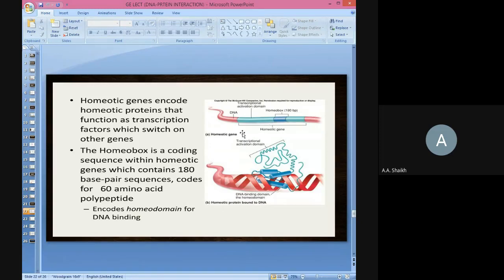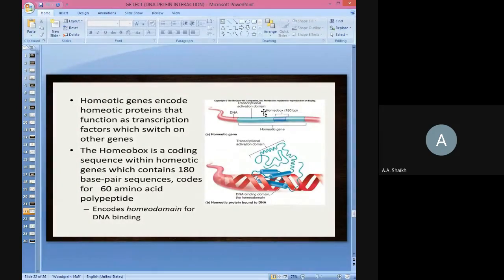In the DNA sequence a homeotic gene is there, and the transcriptional activation domain is there. Within this homeotic gene there is a region or sequence composed of a 180 base pair region.